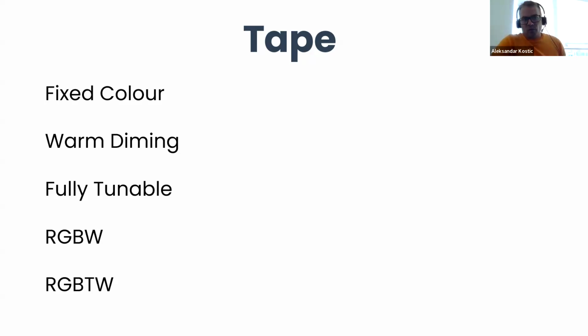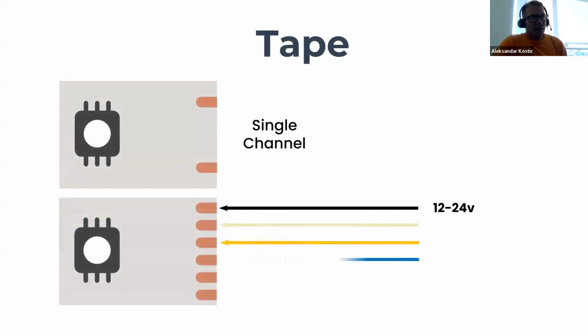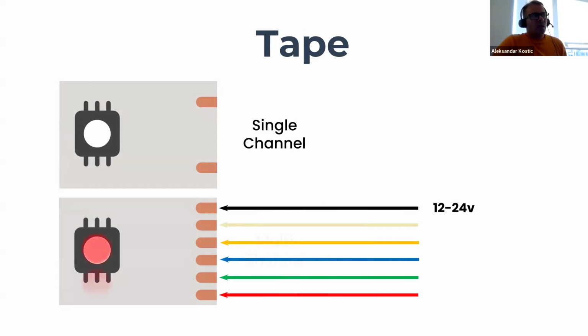Depending on the number of channels we have, we make the practical design of our system, because that directly affects what would be the optimal method and the best device to control the LED tape from Control4. Depending on the LED tape, as I mentioned previously, we have single channel and multiple channel LED tapes.